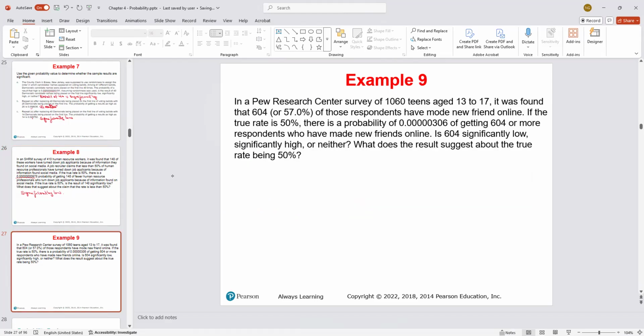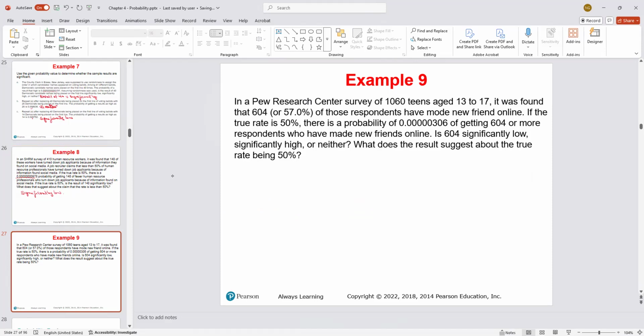In a Pew Research Center survey of 1,060 teens aged 13 to 17, it was found that 604, or 57% of those respondents, have made new friends online.